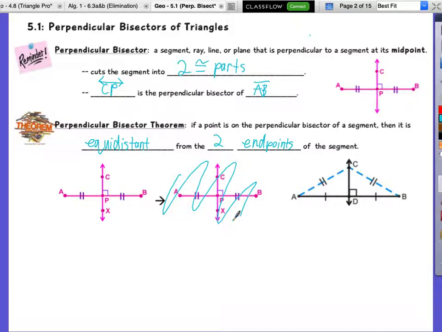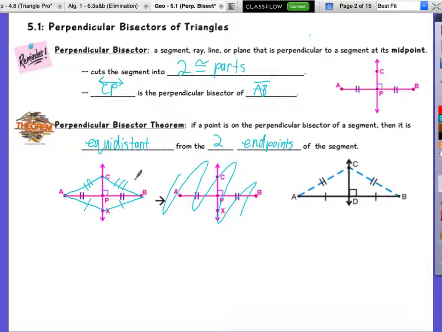So according to this, since it's on the perpendicular bisector, what must be true? It's equidistant from the endpoints of the segment. It's the same distance from both point A and point B. That distance is going to be the same. So point C is also going to be the same distance away from points A and B.